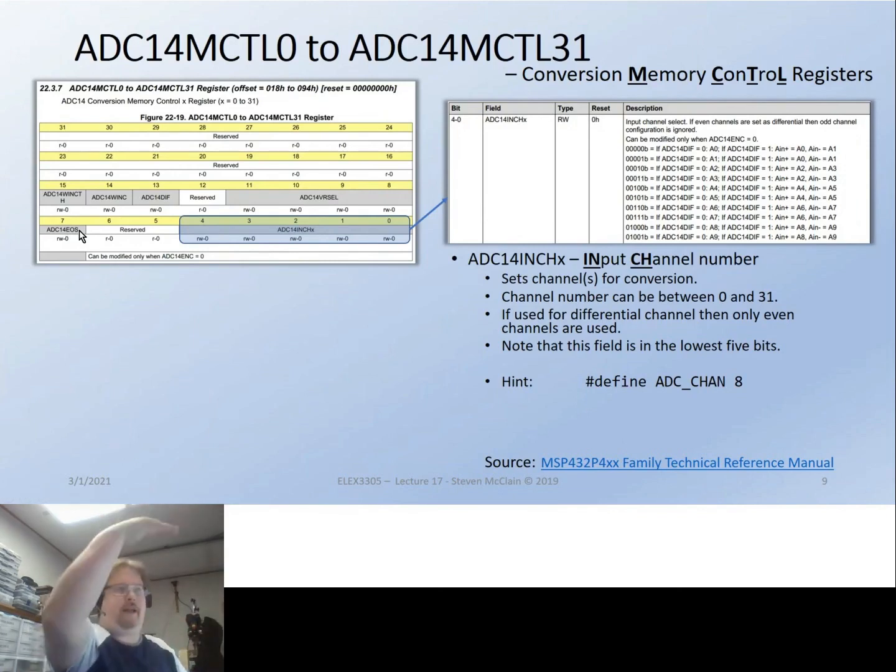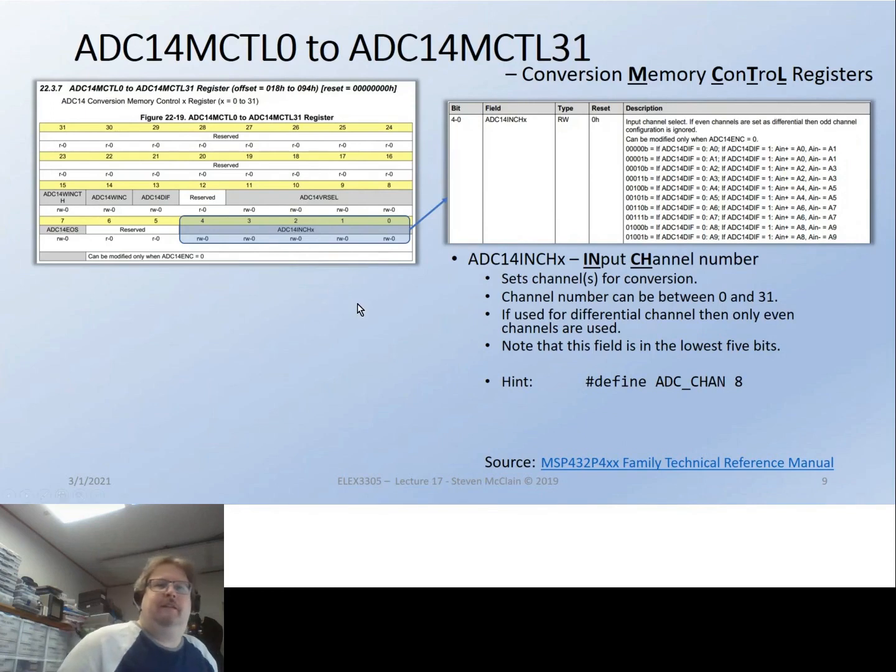It'll automatically go convert, and it'll automatically stop when it sees that bit. So you can do a whole bunch of conversions in one step. You do the start conversion and then you just wait for the fifth one to be done, and the first 4 will automatically be done. By the time you see the fifth one's done, you can read all 5 of them.